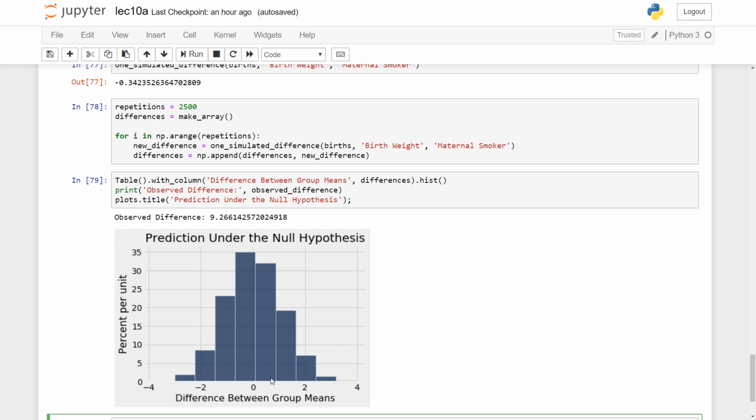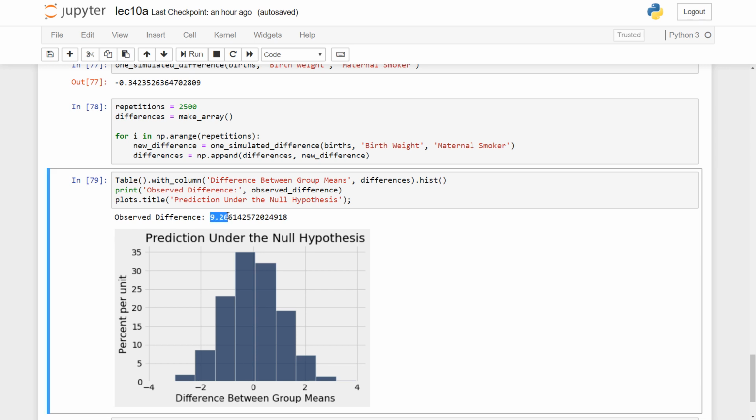And remember, to do the test, we need to compare this histogram with the observed statistic. What is the observed statistic? The value of the observed difference was 9.26. So where is 9.26 here? This is from minus 4 to 4, so 9.26, maybe it will be here. It is completely outside the range of the distribution, the empirical distribution that we got. What does that mean?